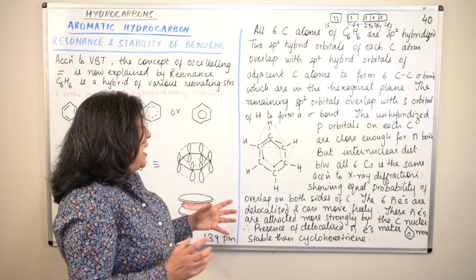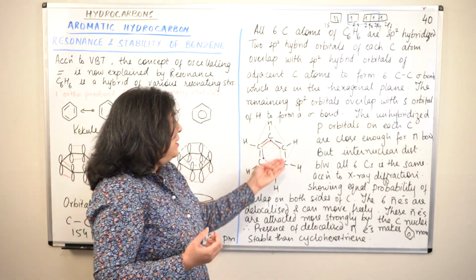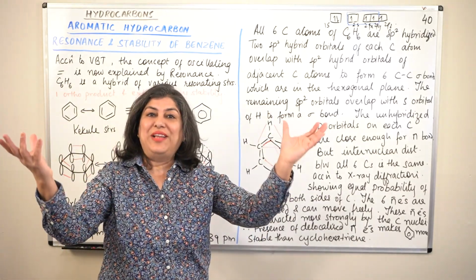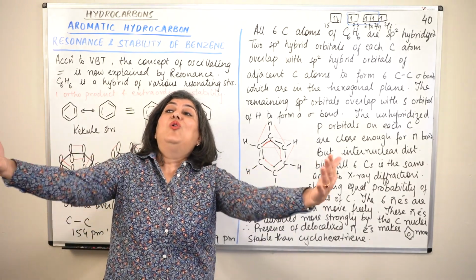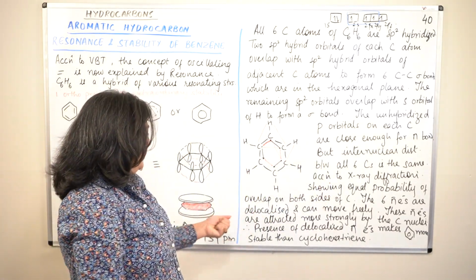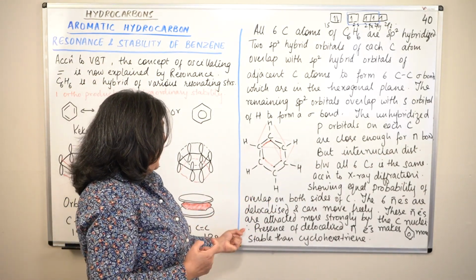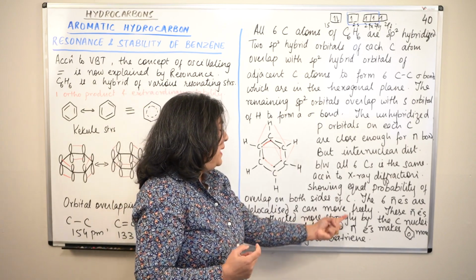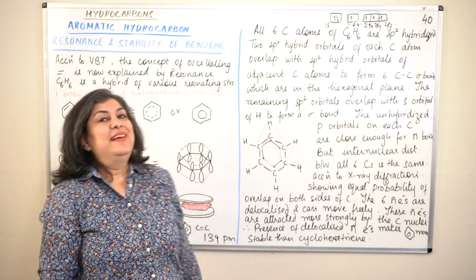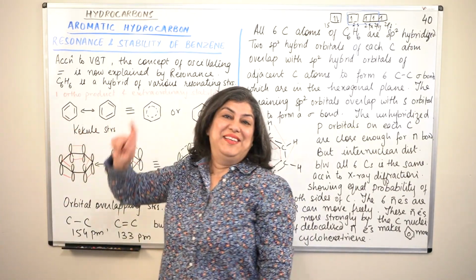These pi electrons are attracted more strongly by the carbon nuclei. Now all the carbon nuclei have given off 1 electron each, so they love all the 6 electrons equally and rather strongly. They attract them more strongly, and the presence of delocalized pi electrons makes benzene more stable than Kekulé's cyclohexatriene.